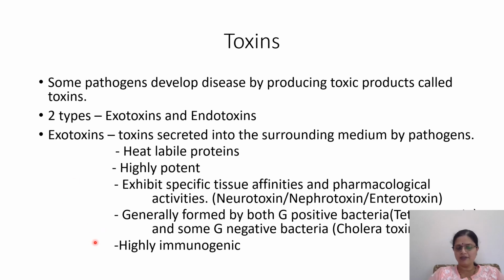And the last point we need to remember is exotoxins are also highly immunogenic or antigenic. Just like how I told you about adhesins, these exotoxins are also highly antigenic or immunogenic in nature.